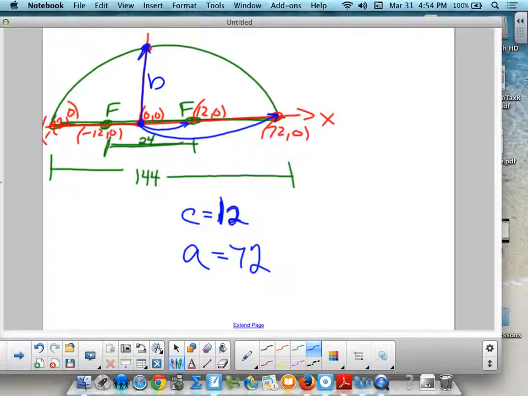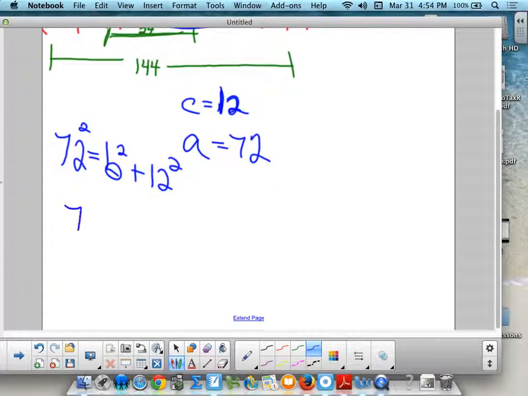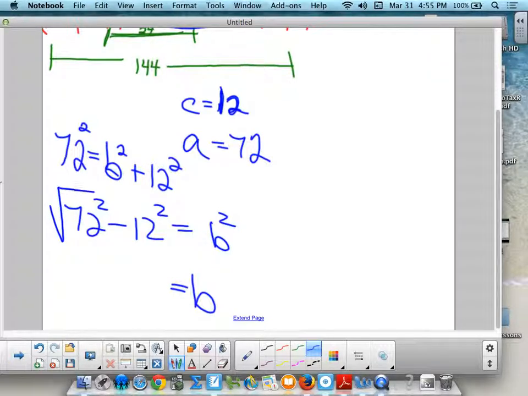So if I can find B, I've found it. So it's going to be A squared equals B squared, which is the answer as soon as I solve for B, plus C squared. 72 squared, take away 12 squared equals B squared. B equals the square root of this. I got roughly 71 feet.